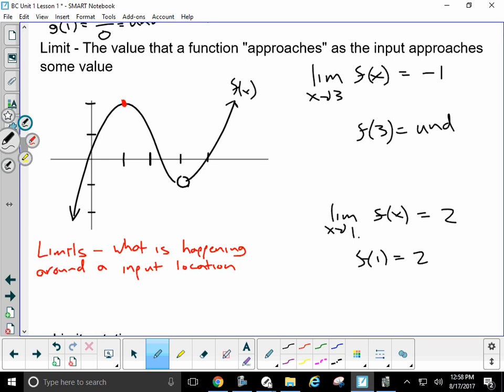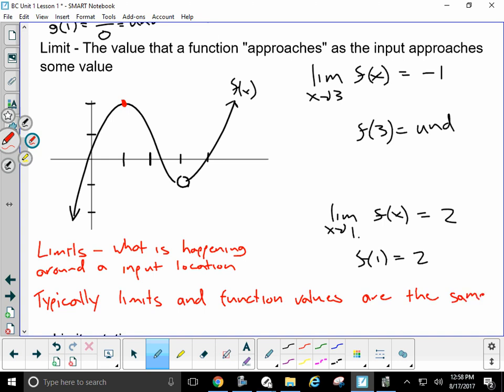What you can see is that in most places, for functions that are nice and smooth without any holes, the limits and the function values typically agree with each other. But in this situation with our open circle, I don't have a function value, but I do have a limit.